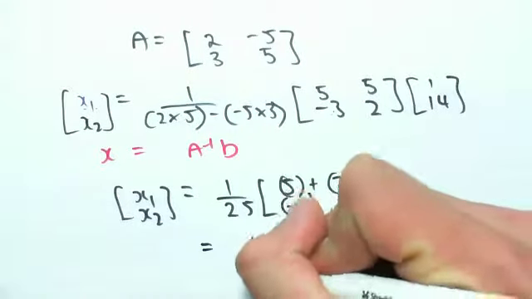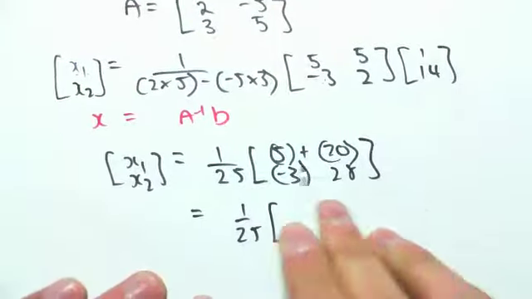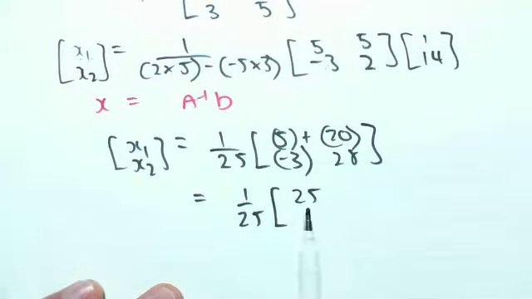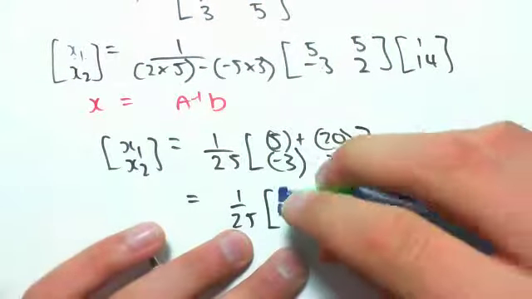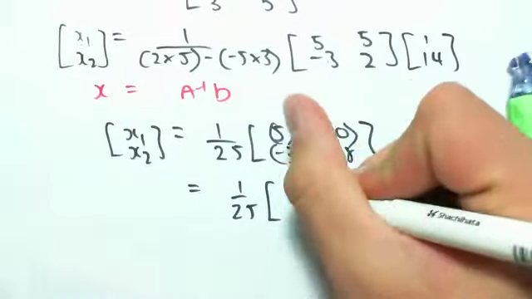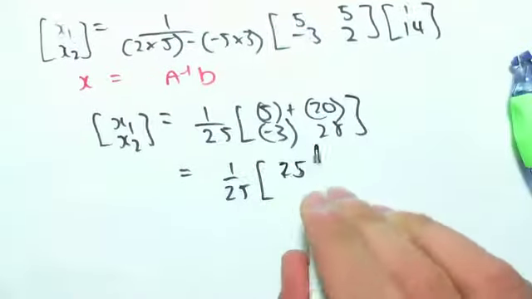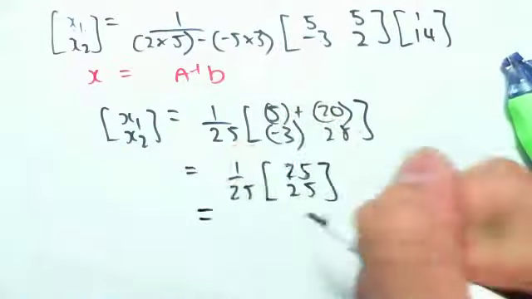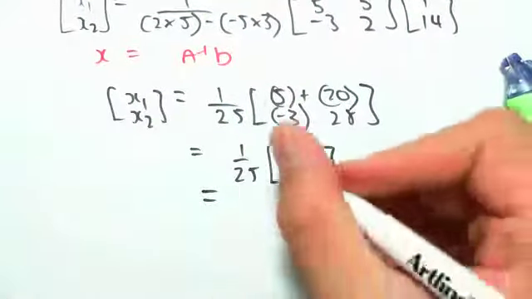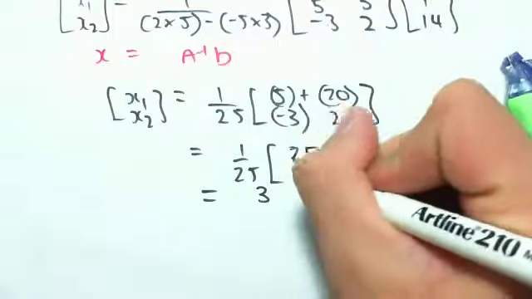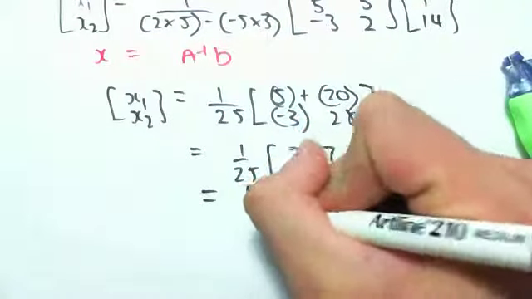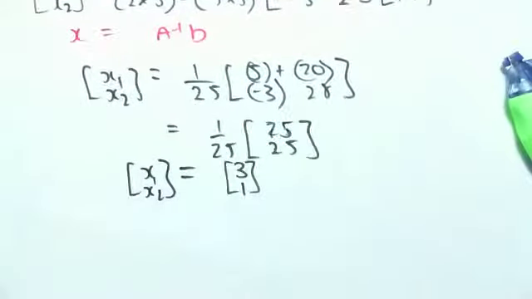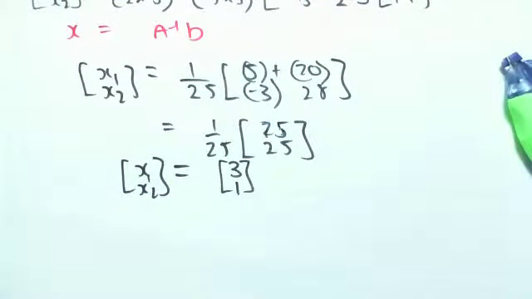So this essentially is 1 on 25, outside of 5 plus 70 is 75, and 28 minus 3 is 25. So if we were to find this, 75 on 25 is 3, and 25 on 25 is 1. So there we have x1 and x2 solved by using matrix algebra.